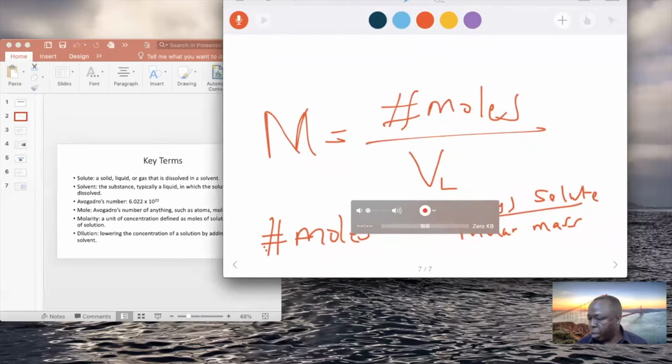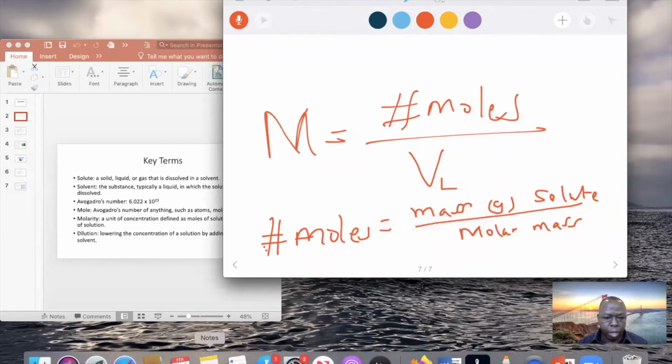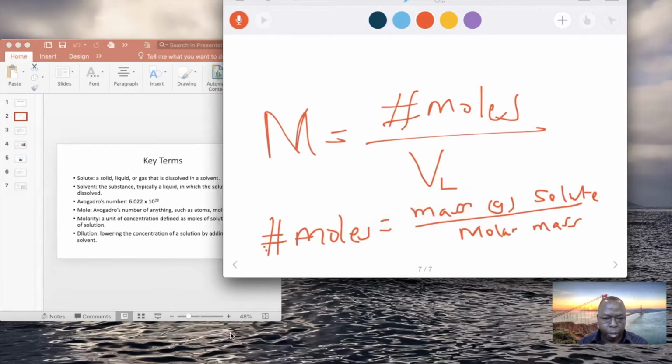My whiteboard is not working, so I'm going to try the annotation. Copper sulfate, CuSO4, copper(II) sulfate.